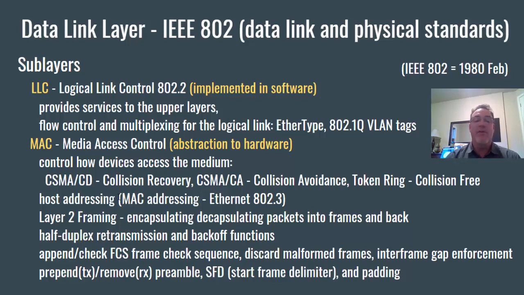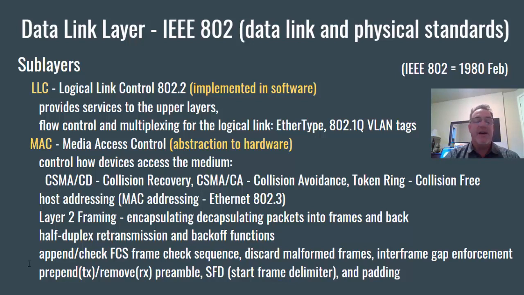You have to have some form of addressing at layer 2, and that's the MAC address. So the media access control sublayer also deals with the layer 2 framing, encapsulating and decapsulating packets into frames and then back again. It's responsible also for the half duplex retransmission and backoff functions. If there's been a collision and we need to retransmit, it deals with that.